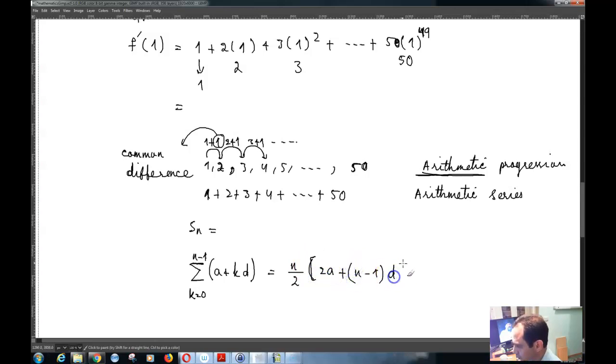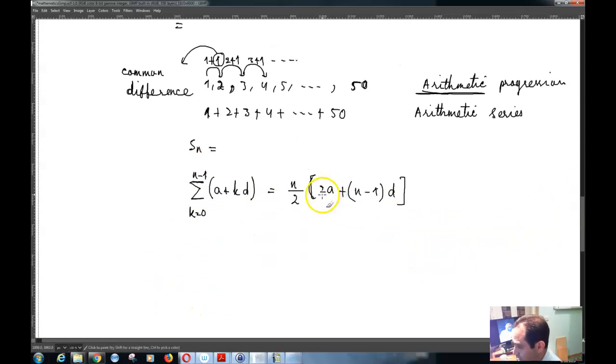If you were to derive this formula, it would take a long discussion. We don't have the time for that right now. But you can also write this simply as S of n is equal to n divided by 2 times 2a plus n minus 1 times d.